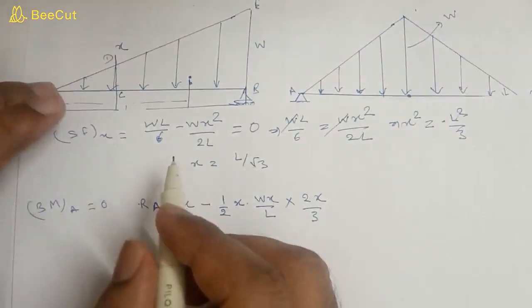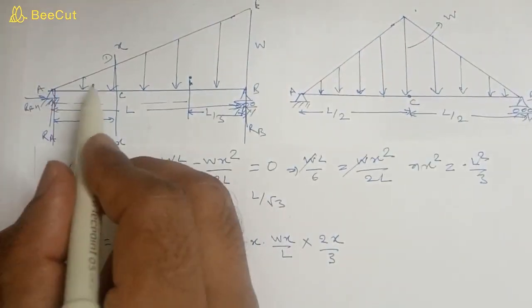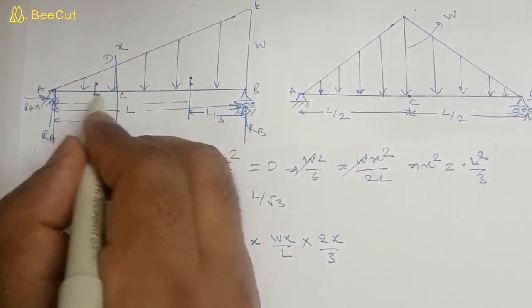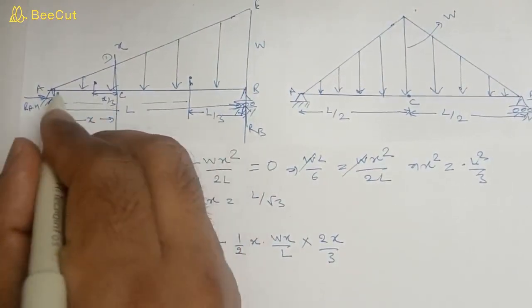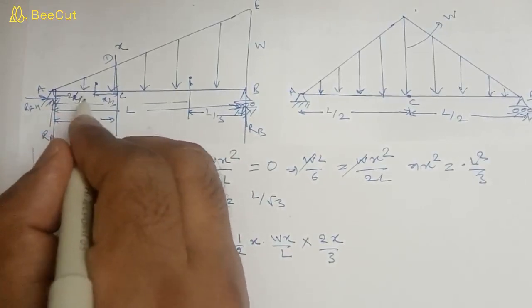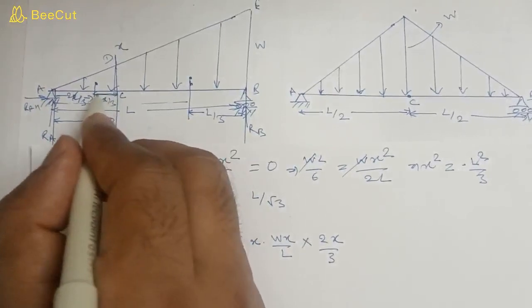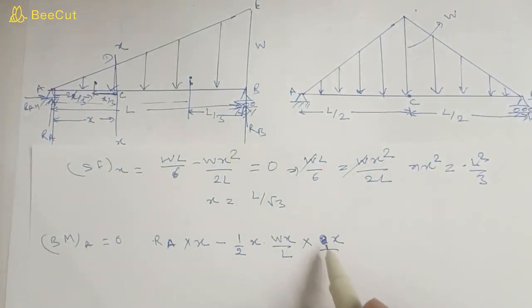Sorry, suppose this is the centroid of this part, then this distance is x by 3, and this is 2x by 3. So we are taking moment about section xx, so we will multiply with this distance, so it will become x by 3.